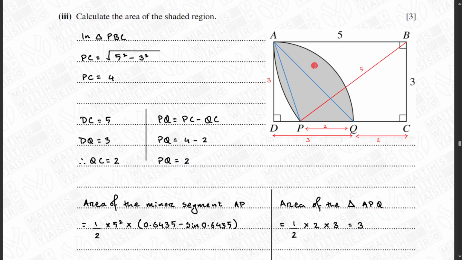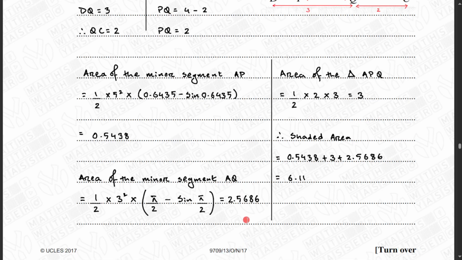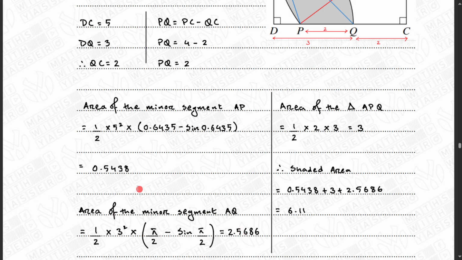That will be half times the radius 3 squared, times theta minus sine theta, where theta is pi by 2. And that will give us 2.5686. It's better to have our answers, if they are in decimals, to at least 4 decimal places until we reach our final answer, so that we can avoid accuracy errors.